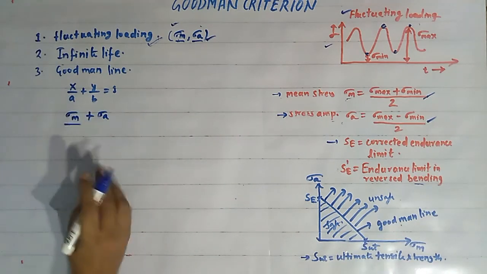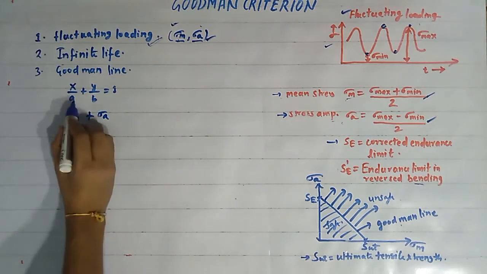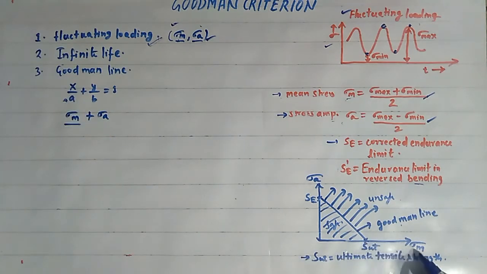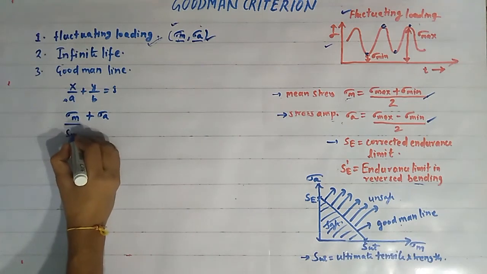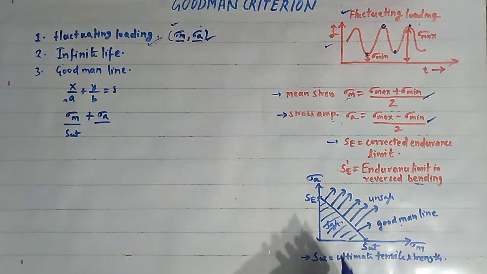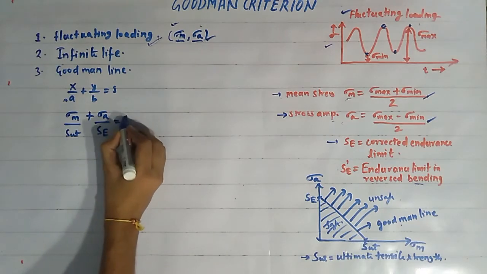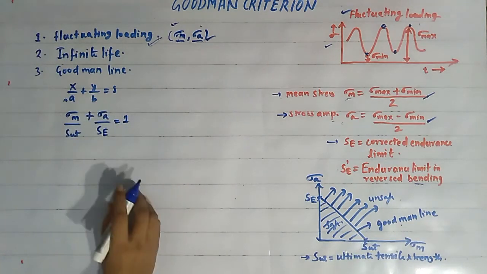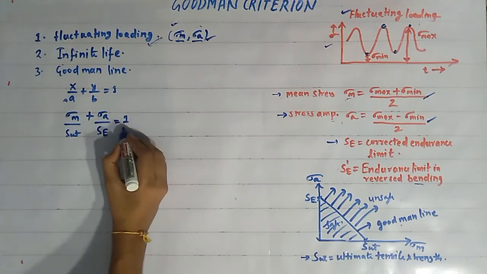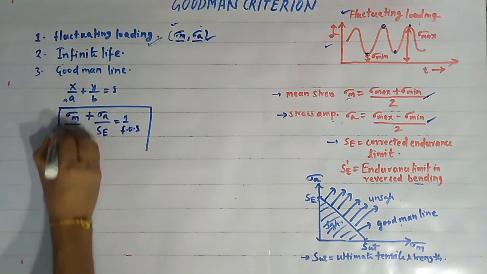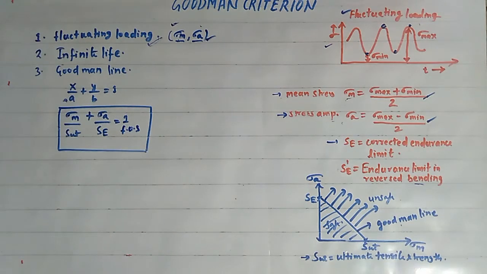We can write it as sigma m by SUT plus sigma a by SE equal to 1, where the intercept on the sigma m axis is SUT and the intercept on the sigma a axis is SE. Okay, so this is the equation of the Goodman line. Now friends, using a suitable factor of safety, we can write the equation of the Goodman line as follows. So this is the equation of the Goodman line.